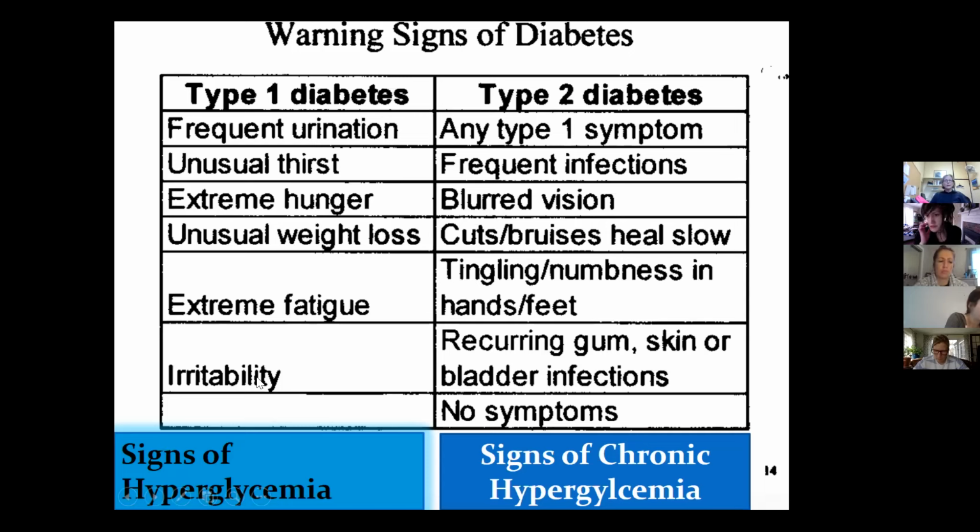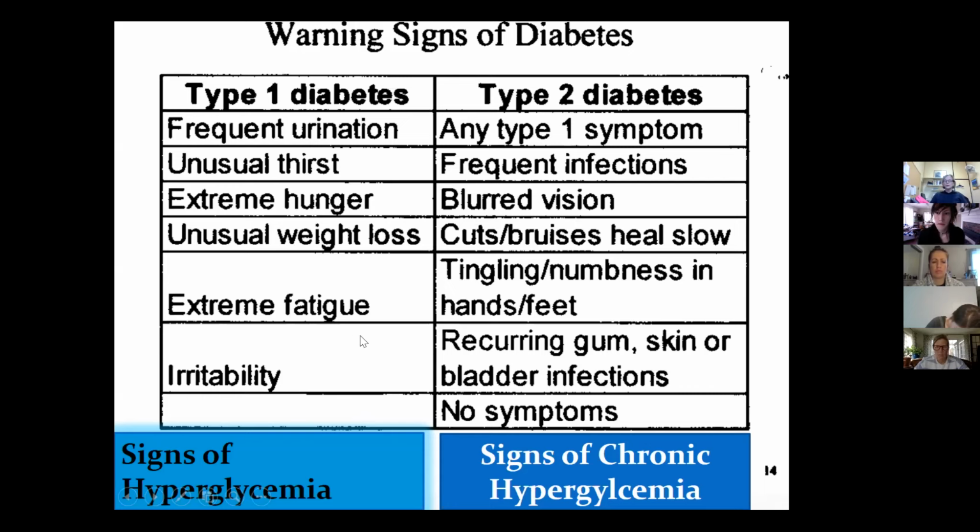And irritability. The irritability is related to the fact that the central nervous system, the brain, uses glucose exclusively for fuel. And without that glucose, there are some signs of irritability that occur as a result.